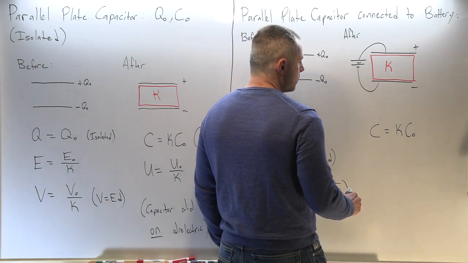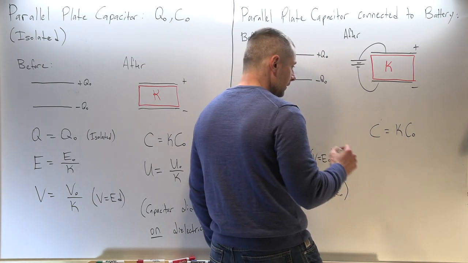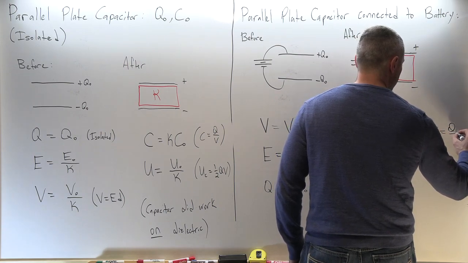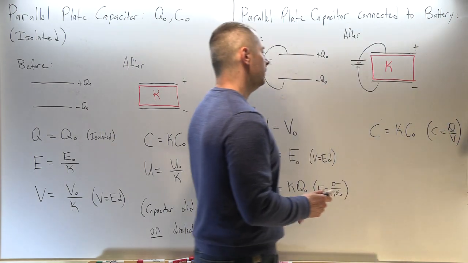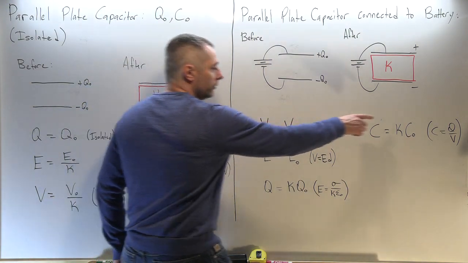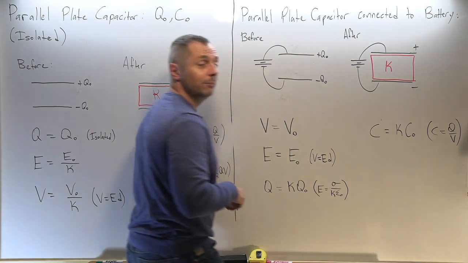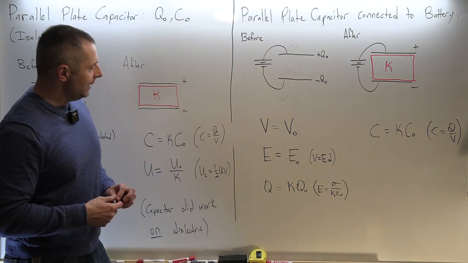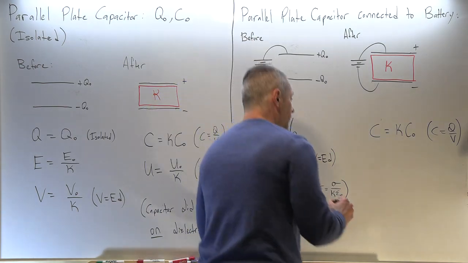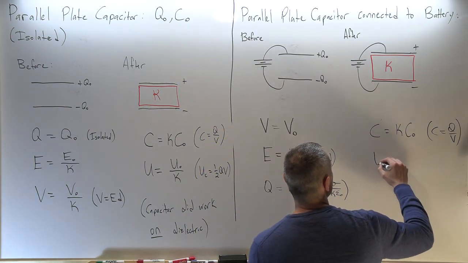So again, this comes from C equals Q over V. So if I have more charge, same volts, more capacitance. And then finally, the electrical energy. That also, now this time, the electrical energy increased.